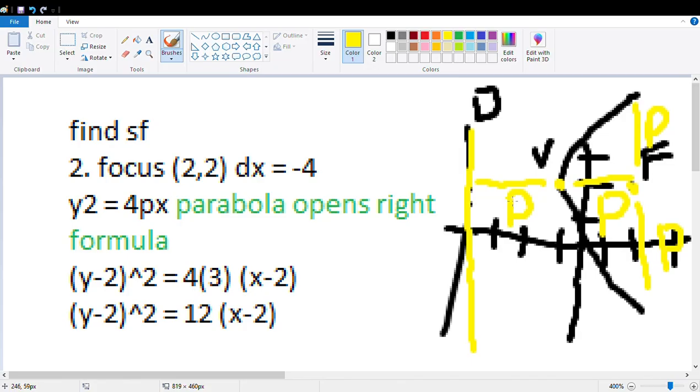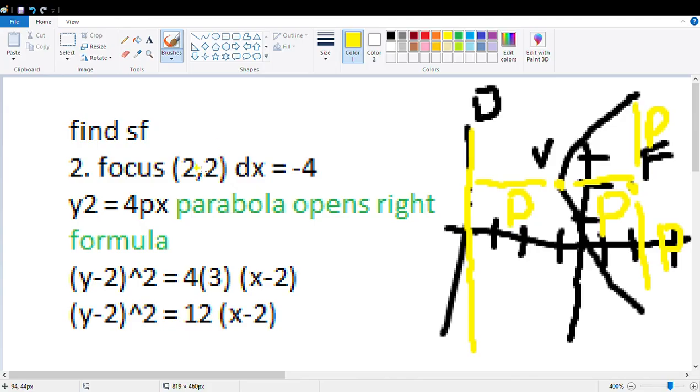Now that we have that settled, let's follow the parabola that opens right formula. So y, because our center isn't at the origin, we have to add something to our y and x value, which is the h, k. h is for x, then k is for y.